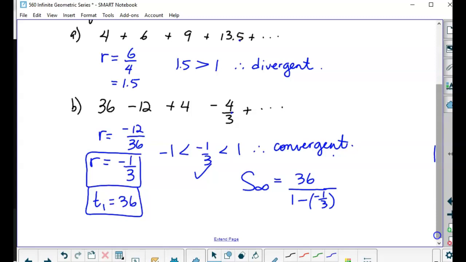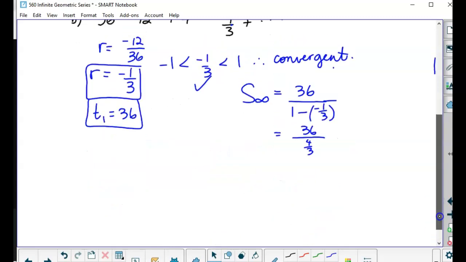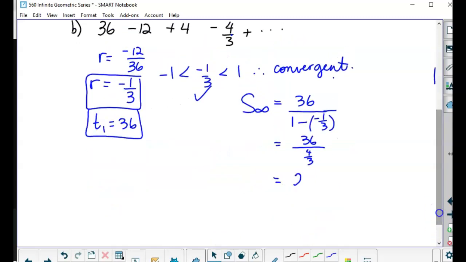If there's fractions in the series, then just make sure you don't use decimals in the sum. So this will be 36 over 1 plus 1/3, which is 4/3. Actually, it works out to a nice number, 27.